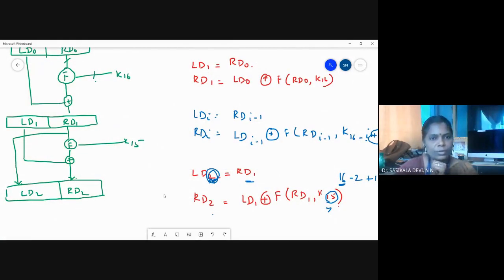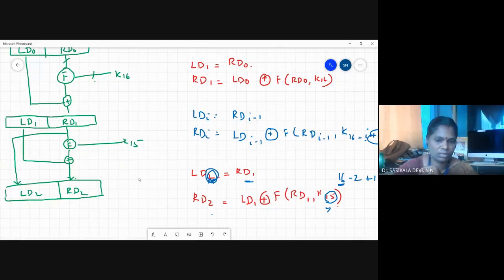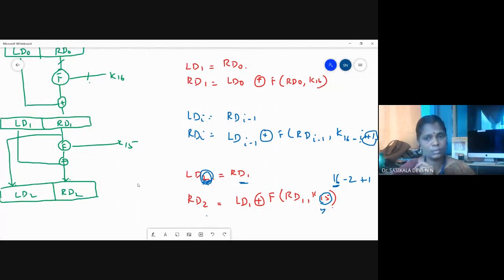Before getting into that, you need to prove one important thing, because in this design we have 16 rounds. In the recovery process, the decryption process, every round is to undo the effect of one single round of encryption. If you have 16 rounds of encryption, the first round of decryption is to undo the effect of the 16th round.